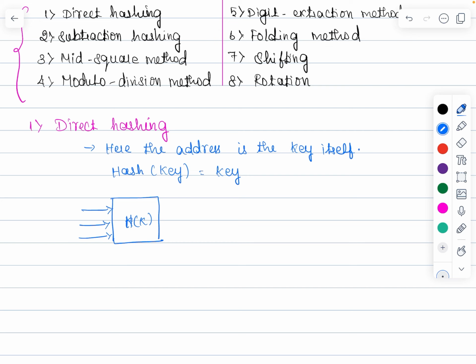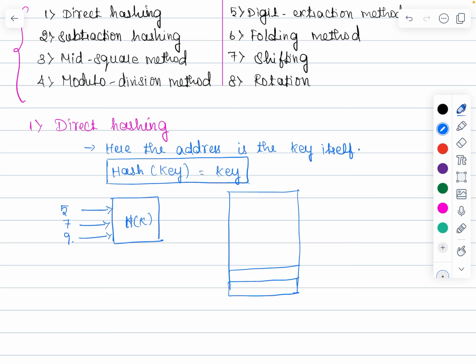For example, I want to store the data elements 5, 7, 9. These 3 key values, the data elements I want to store. Direct hashing is nothing but the key element itself is the address here, right? So in a hash table, this is the hash table and these are the indices.